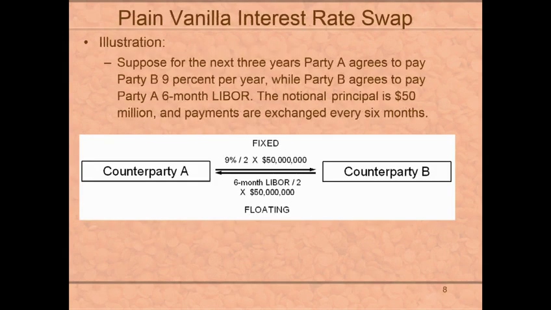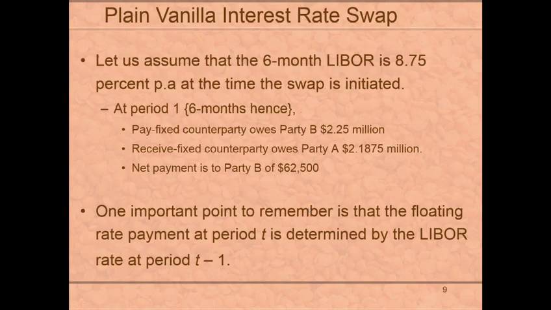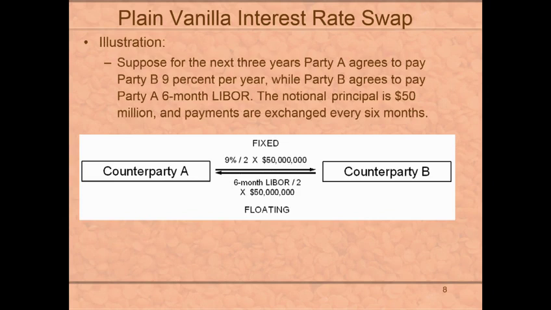Okay, next we look at interest rate swaps. So party A and party B again, while party A pays fixed and party B pays floating. Again, this qualifies as an interest rate swap because one party is floating. So fixed rate is at 9%, LIBOR at 8.75%.